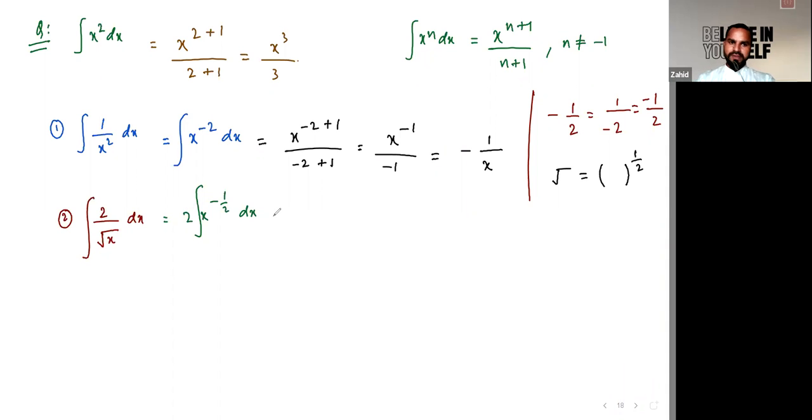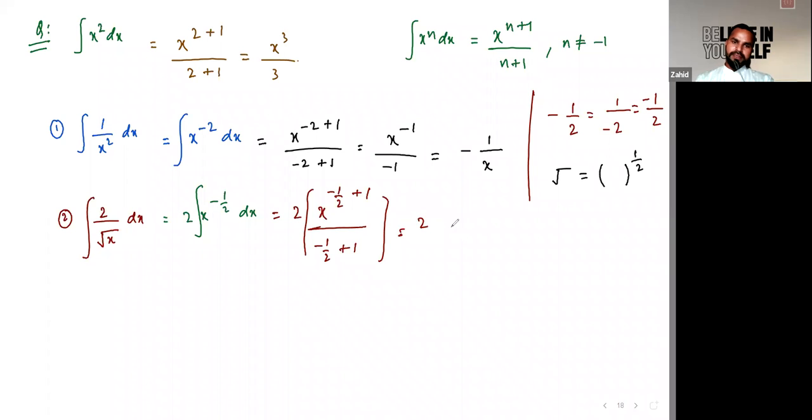Just see how to simplify it. We have 2 as a constant term, keeping it outside, and x raised to minus half, which is n. On applying, it will be n plus 1 divided by n plus 1.